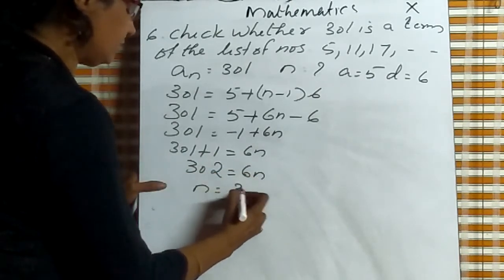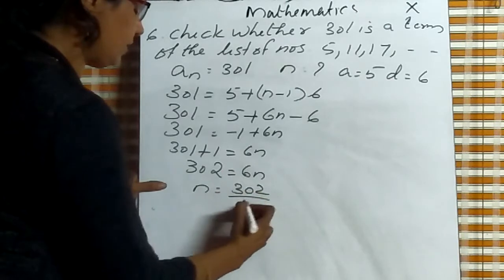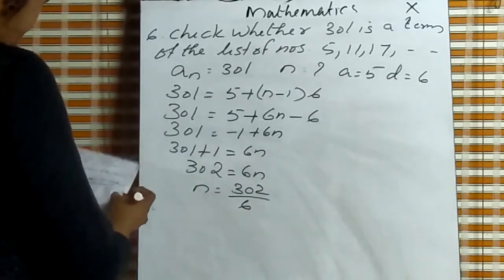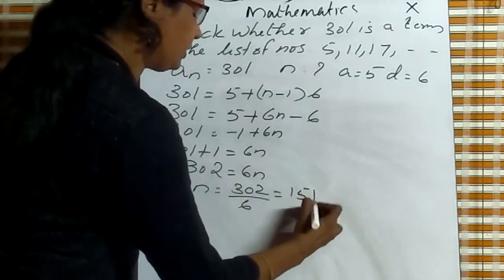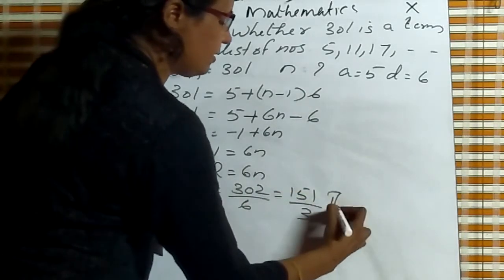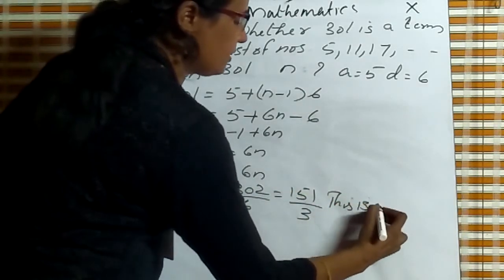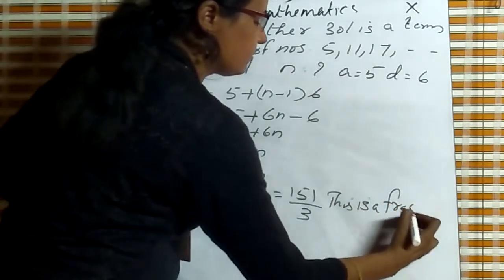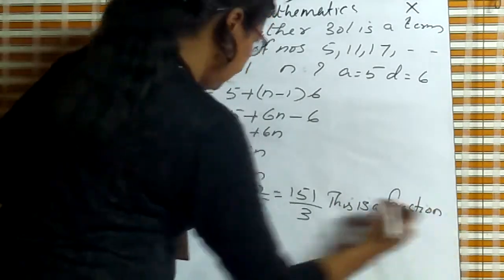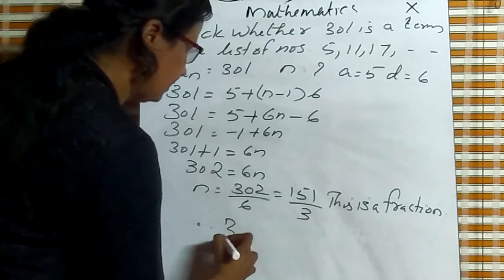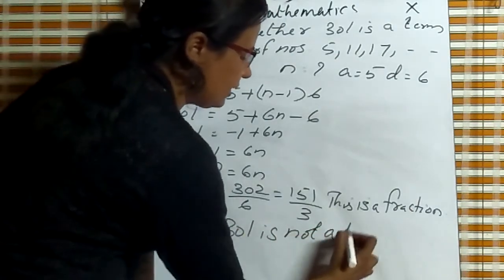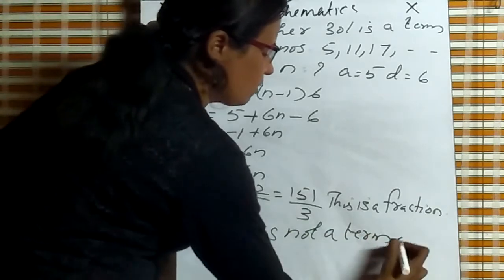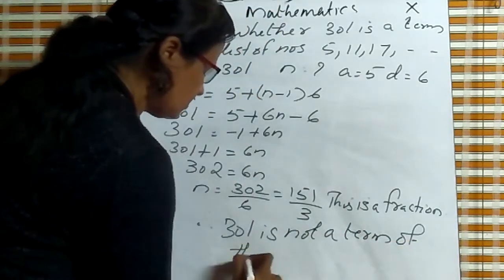N equals 302 divided by 6, which is equal to 151 by 3. This is a fraction. Therefore, 301 is not a term of this AP.